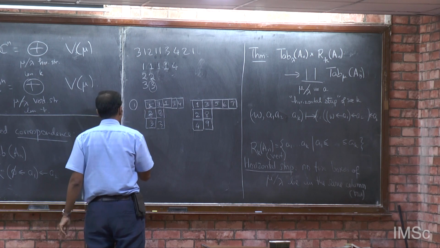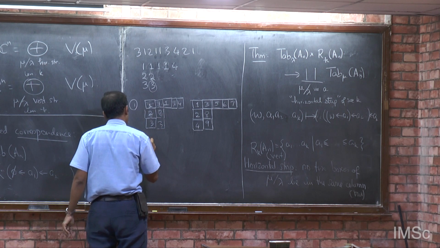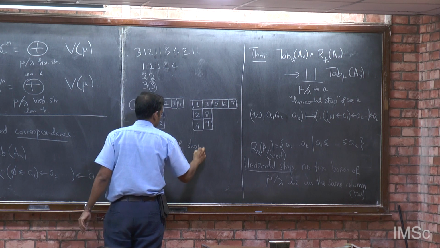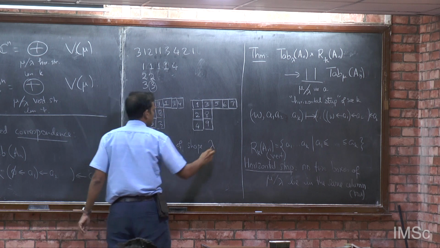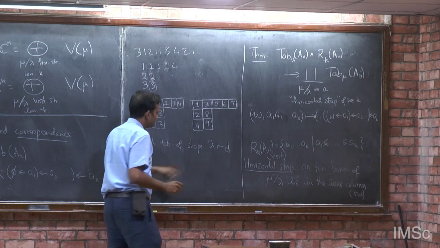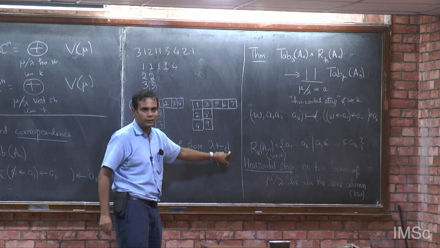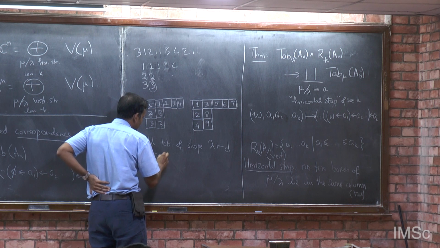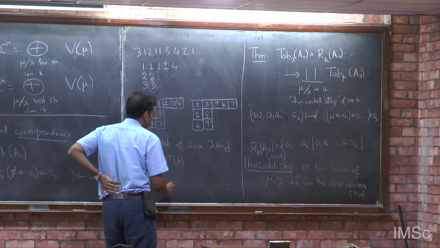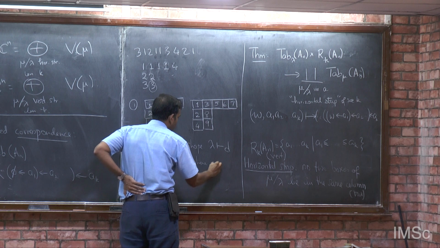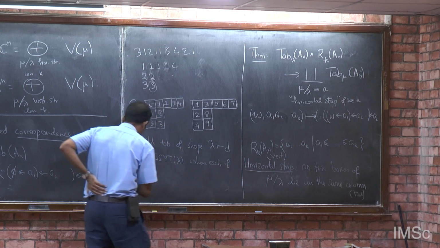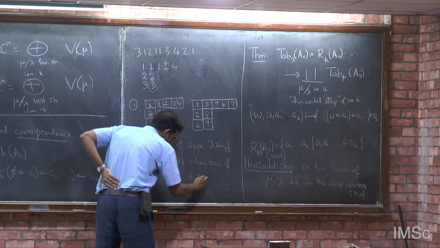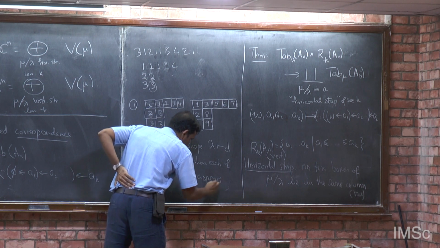So, a standard tableau of shape lambda, say lambda is a partition of D. This notation means that lambda is a partition of D, is a semi-standard Young tableau of shape lambda, where each of the numbers one to D appears exactly once.